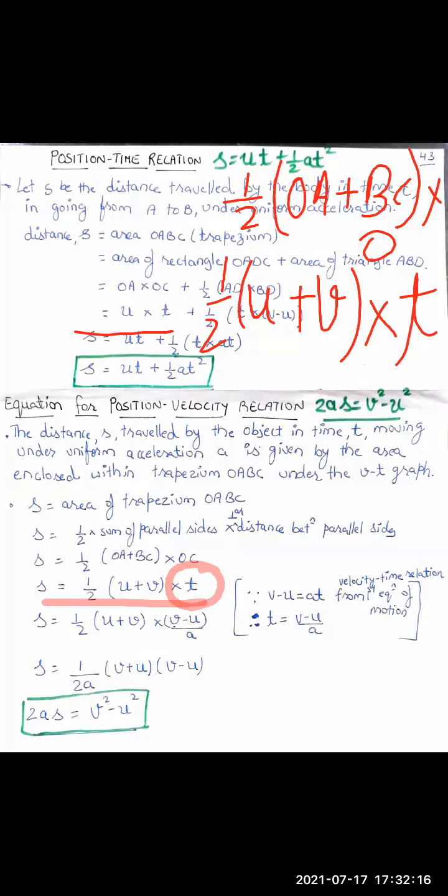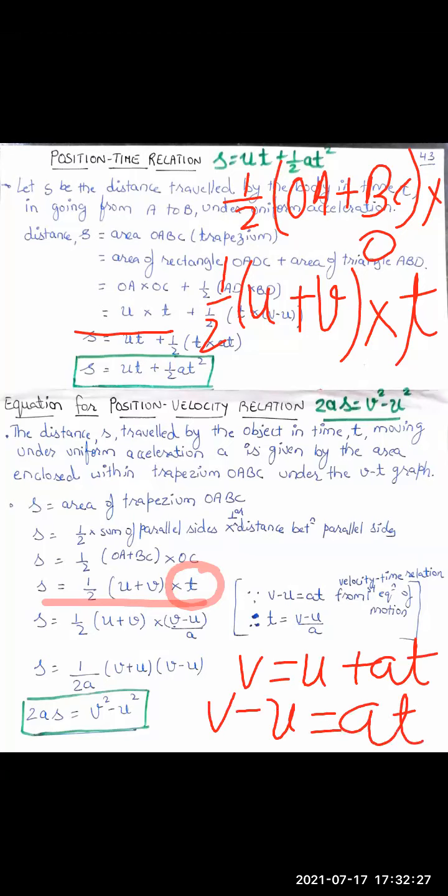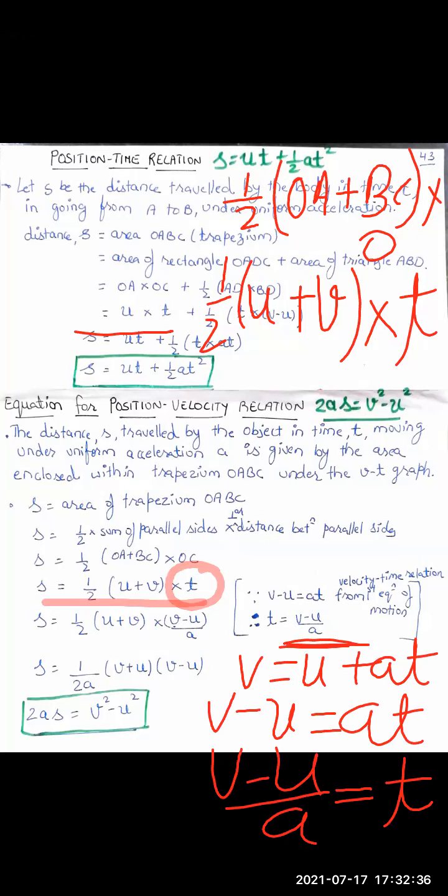Now, we are going to substitute the value of T from equation number 1. We remember the first equation was V equals U plus AT. If in this equation you make T the subject of the formula, what will happen? U will go to that side and become negative, and V minus U upon A equals T. So this value we are substituting from the velocity time relation, the first equation of motion, V minus U equals AT.